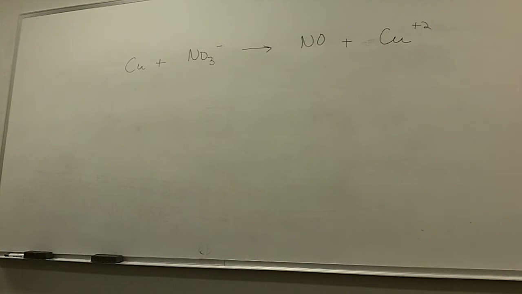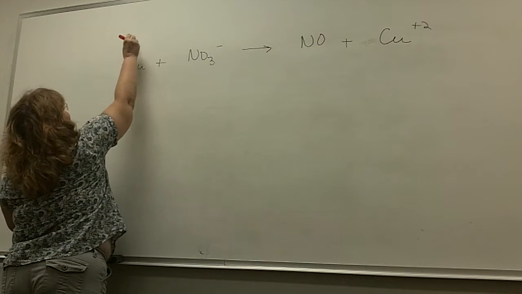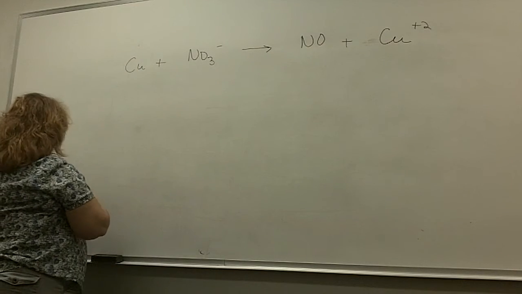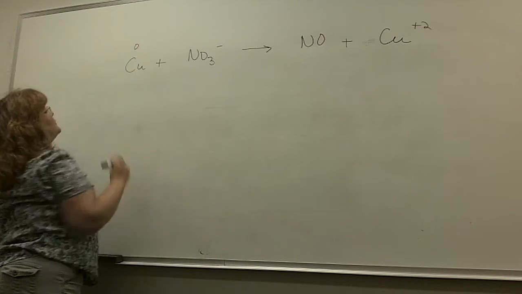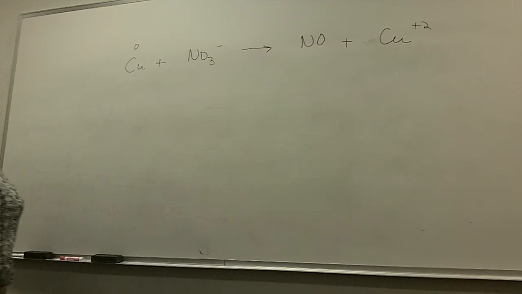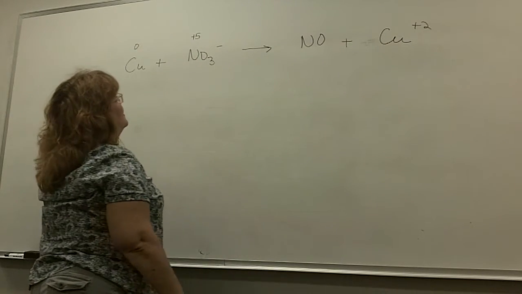So if we look at this, what are our different charges? Cu is 0. The N is gonna be +5. Copper's by itself, it's 0, bless you. The N is +5, okay, and the O is -6.